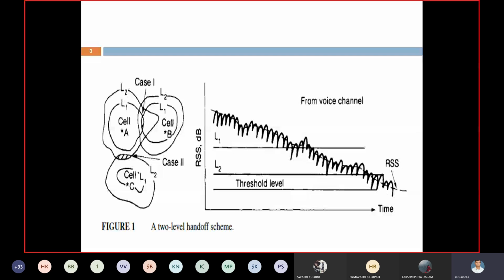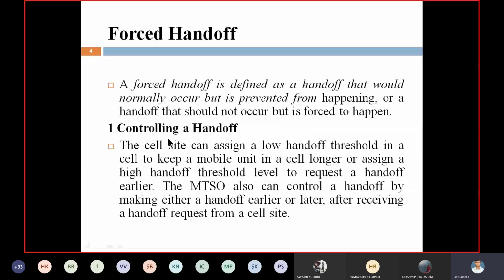Next, the second type of technique is forced handoff. What is meant by forced handoff? A forced handoff is a handoff that would normally not occur, but is forced to happen.